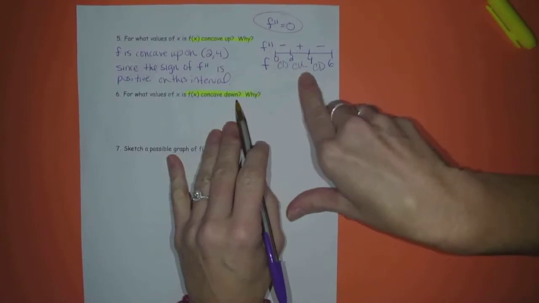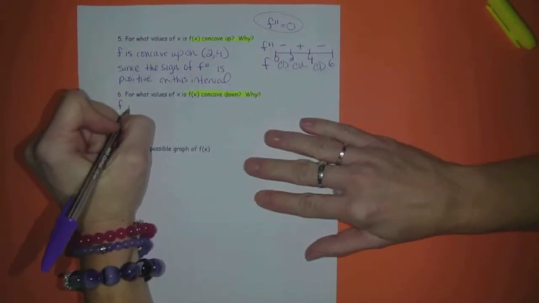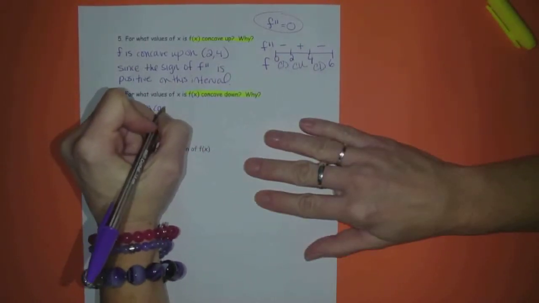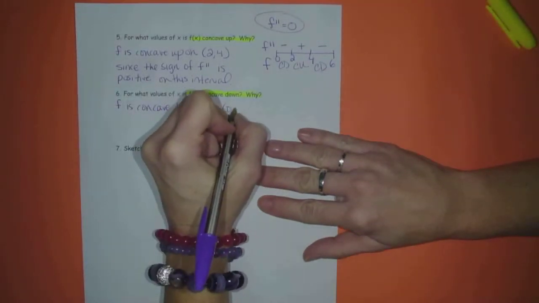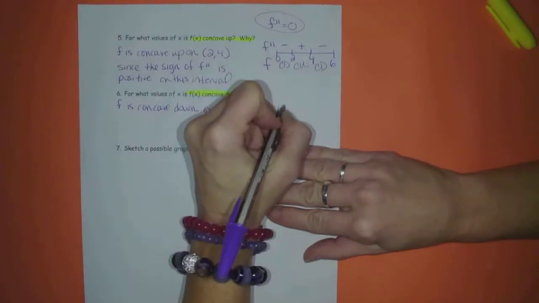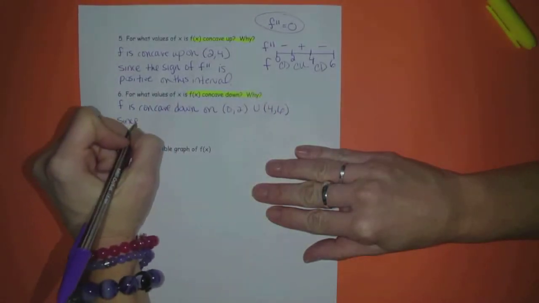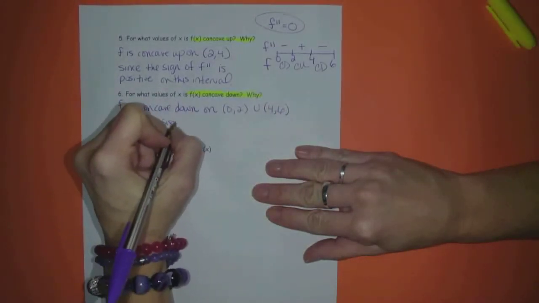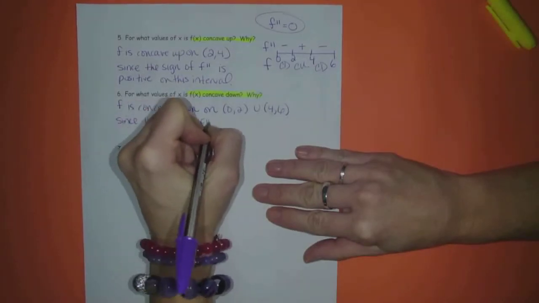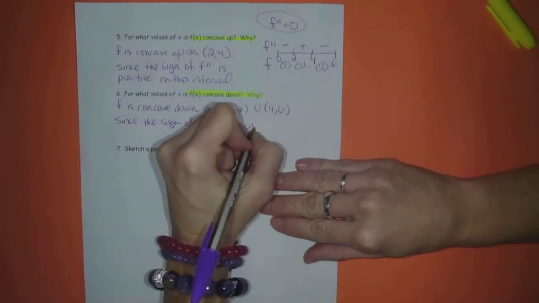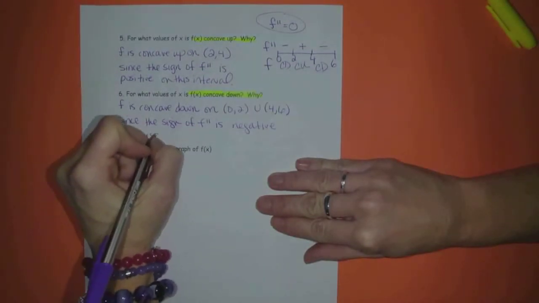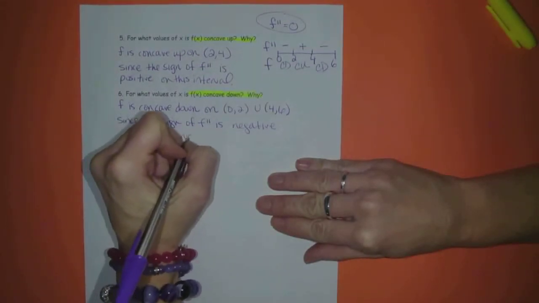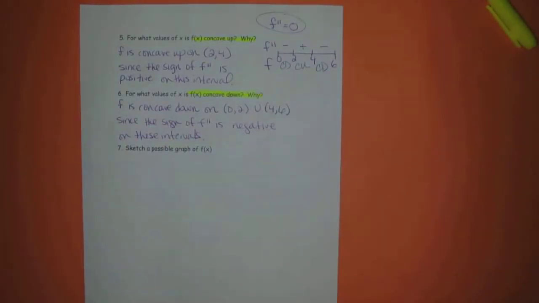That would be 0 to 2 and 4 to 6. So f is concave down on 0 to 2, union 4 to 6, since the sign of f double prime is negative on these intervals. It's a lot of writing here.